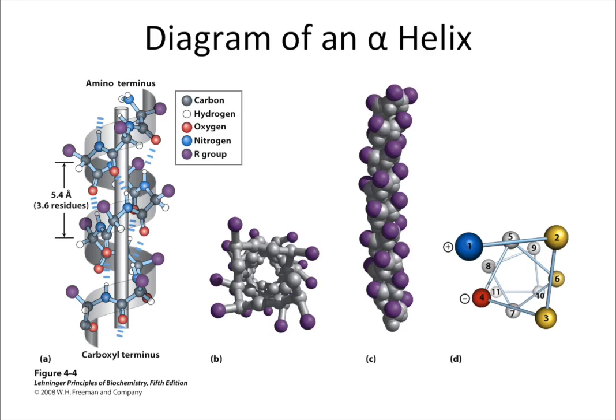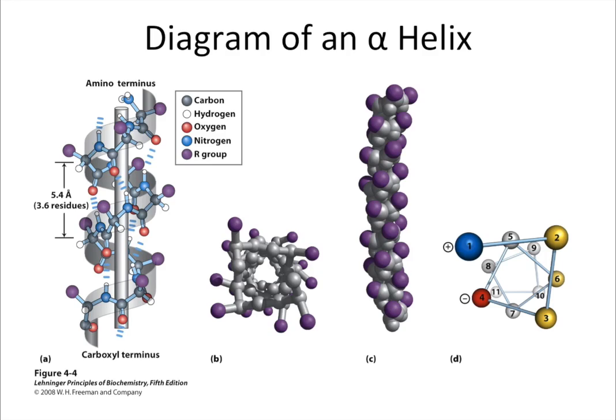So we know that overall, a protein's conformation is stabilized by non-covalent bonds. And when we say conformation, the conformation describes the three-dimensional spatial arrangement of atoms in a protein.